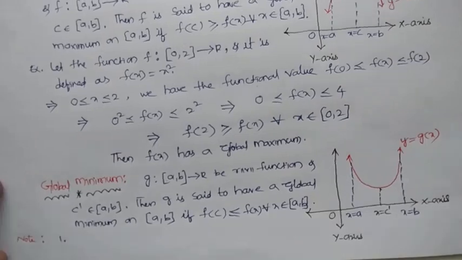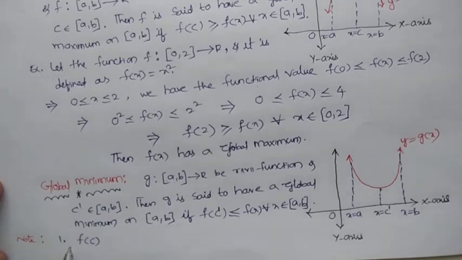Here we make a note that the first condition is for the global maximum value, f of c. In the minimum case we have taken c dash.